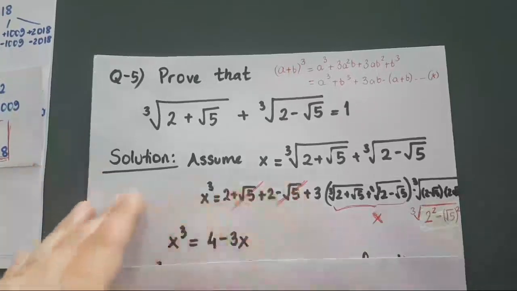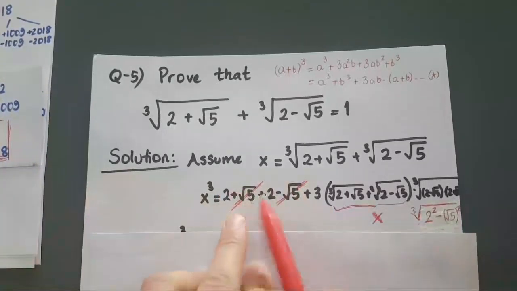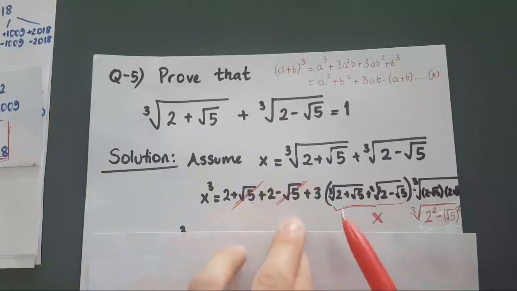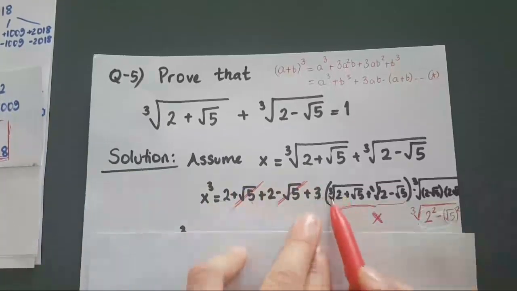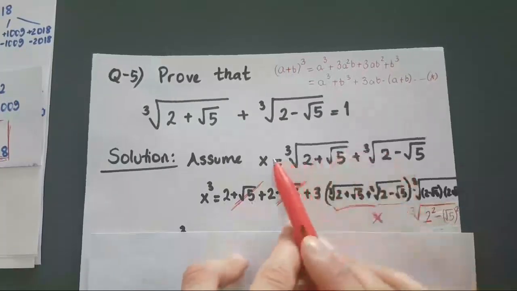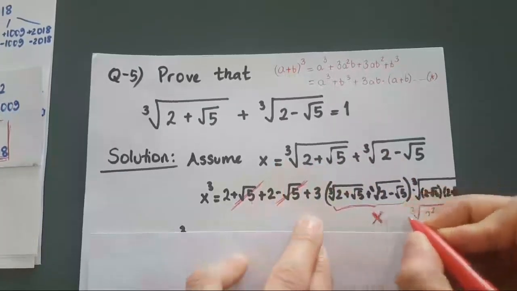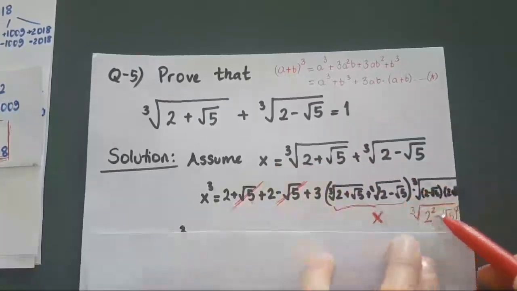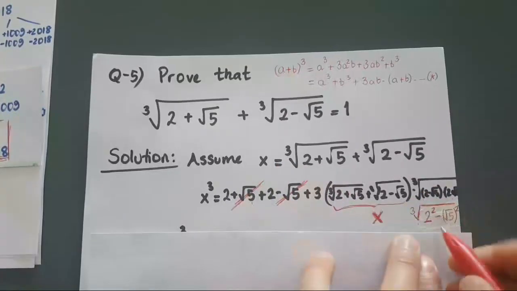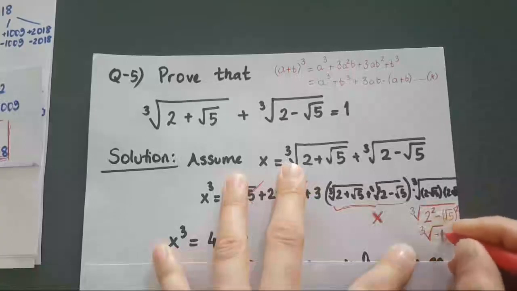So let's simplify. What do we have here? x cube is 2 positive root 5 negative root 5, they cancel, so 2 plus 2, plus 3 times the sum of a and b, the sum of these two, isn't it x? So let's substitute here x times, what will be 2 squared minus root 5 squared? Is it going to be cube root of minus 1, guys?